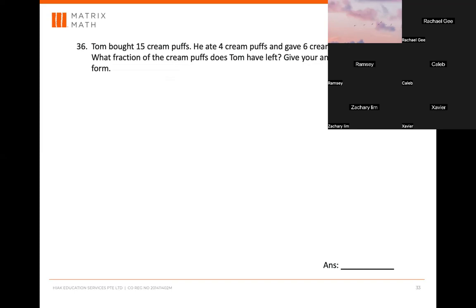Question 36. Tom bought 15 cream puffs. He ate 4 cream puffs and gave 6 cream puffs to his cousins. What fraction of the cream puffs does Tom have left? Give your answer in the simplest form. So they want it in the form of a fraction. Left will be 15 minus 4 minus 6, so you have 5. This is the number of cream puffs left.